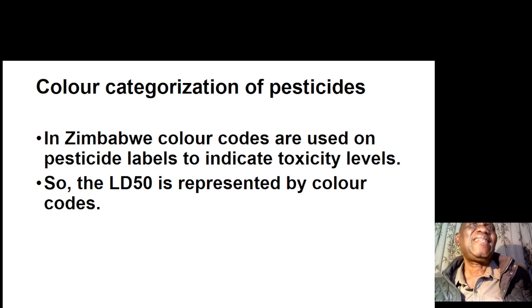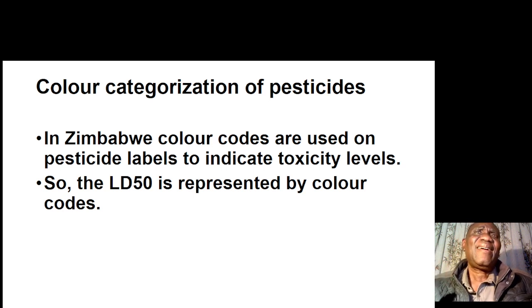So we have in Zimbabwe categorization of pesticides. In Zimbabwe, color codes are used on pesticide labels to indicate toxicity levels. So the LD50 is represented by color codes; of course, we put both the numbers and the color codes.